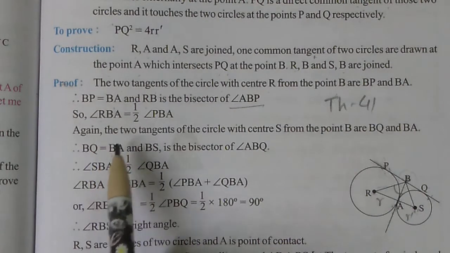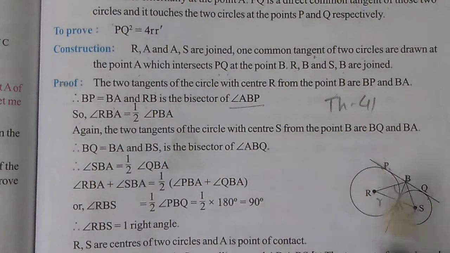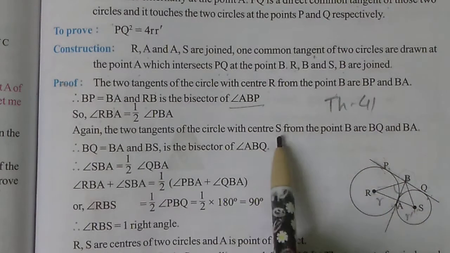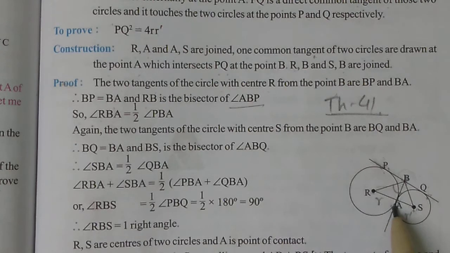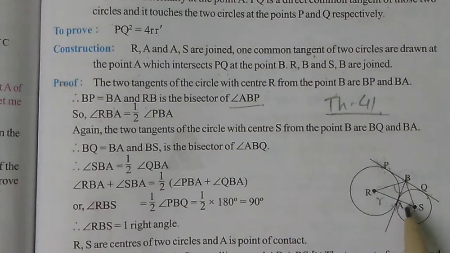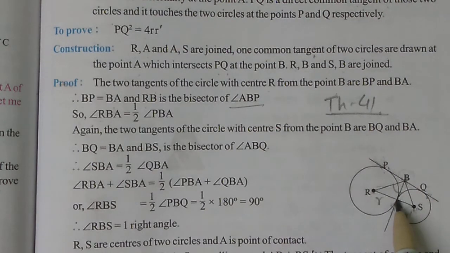Similarly, for the two tangents of the circle with center S from the external point B, BQ and BA are the two tangents. Hence again from theorem 41 we can say BQ equals BA and BS is the bisector of the angle ABQ. Hence we can write SBA equals half of the angle QBA.